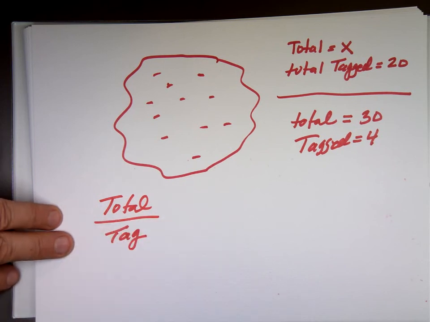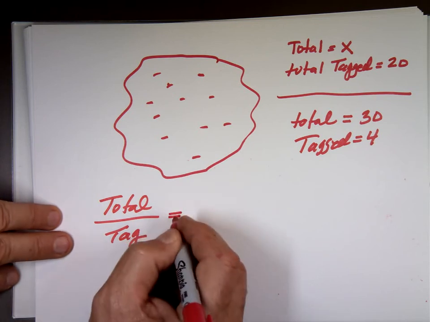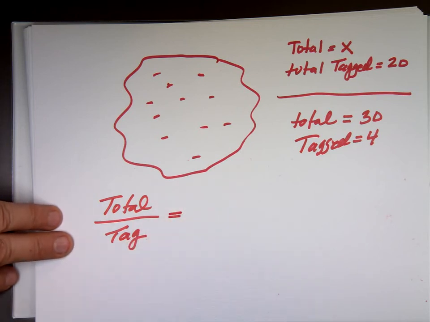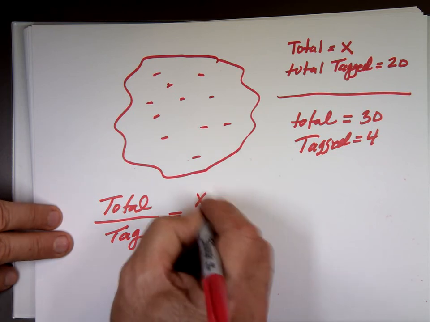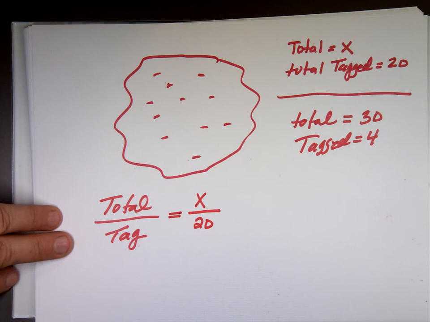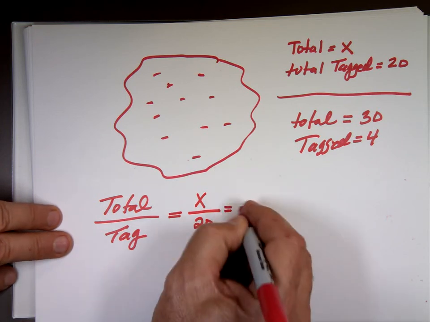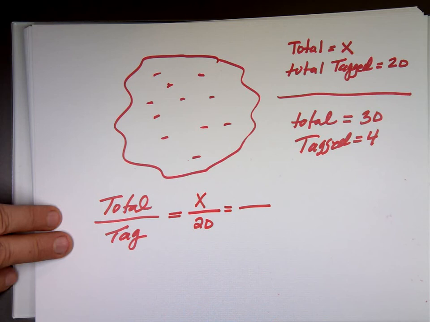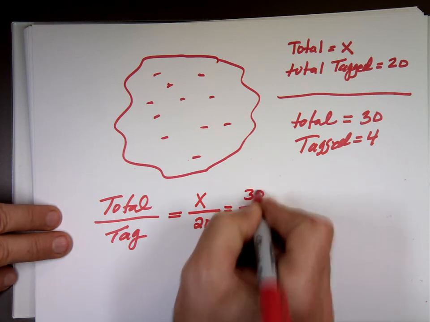On the first day, when we went there, do we know how many fish live in the lake? No. Do you know how many were tagged on that day? 20. If nothing happens to change that on the second trip, how many fish altogether? And how many were tagged? Cross multiply and solve.